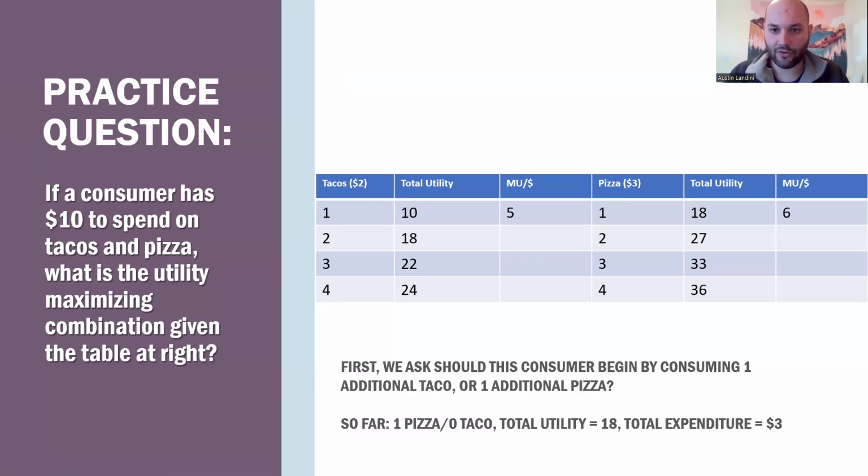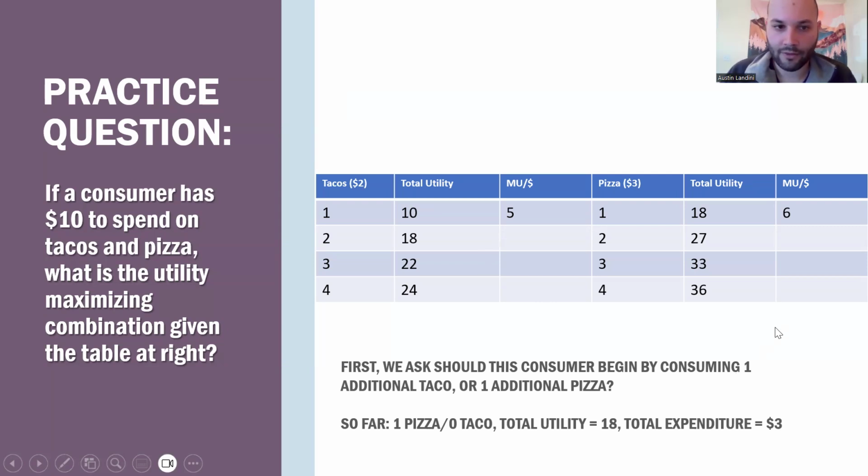All right, so what's the first item that this consumer should purchase? Well, the marginal utility per dollar of the first pizza slice is higher than the marginal utility per dollar of the first taco. And again, we have assumed that if the consumer is consuming nothing, they have 0 total utility. Right, so far they have consumed 1 pizza, 0 tacos, and spent $3 total.